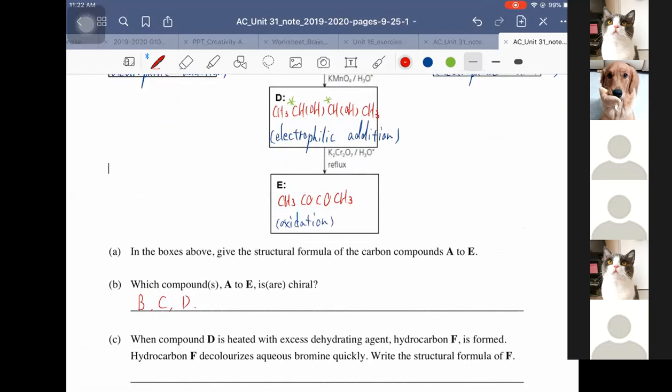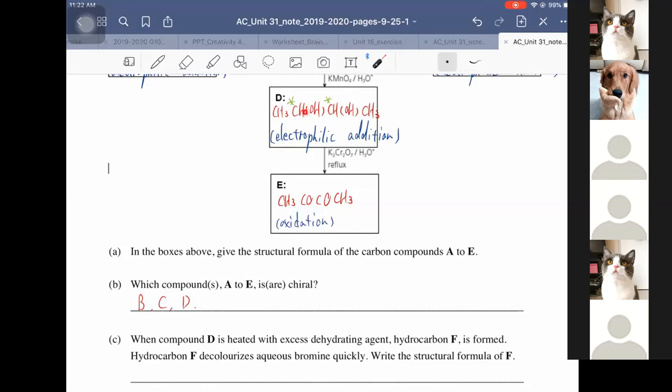When we heat it with a dehydrating agent, we remove water from the molecule and form hydrocarbon F, which can decolorize aqueous bromine quickly. An alkene will be able to decolorize aqueous bromine quickly, so we are going to convert this diol into an alkene.